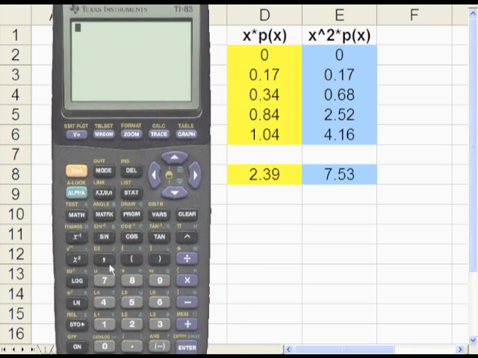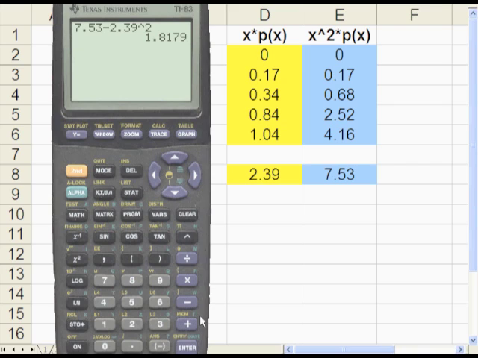I'm going to enter 7.53 minus 2.39 raised to the second power. This gives us a value of 1.8179 for the variance.